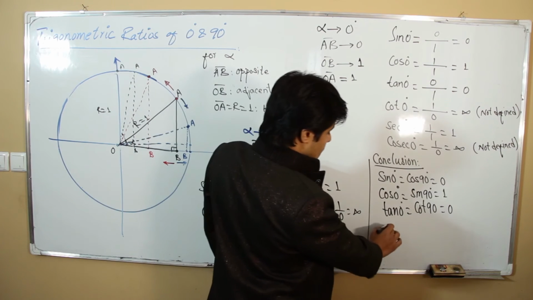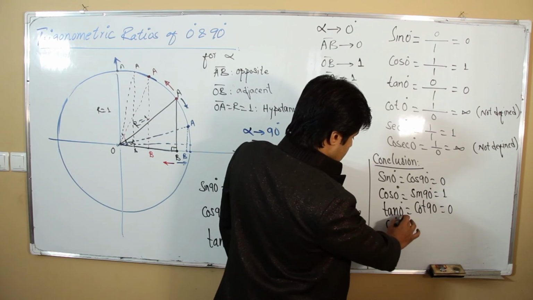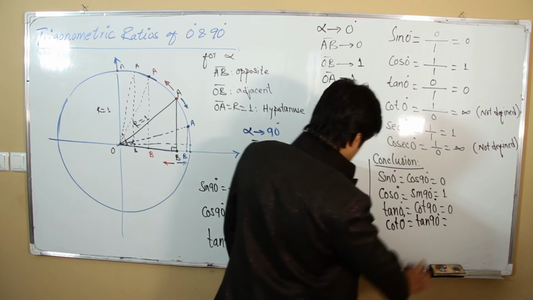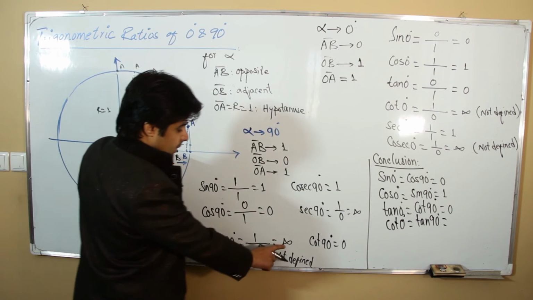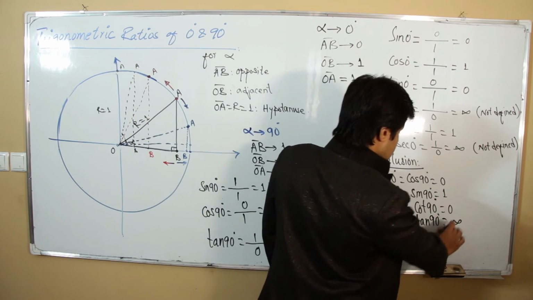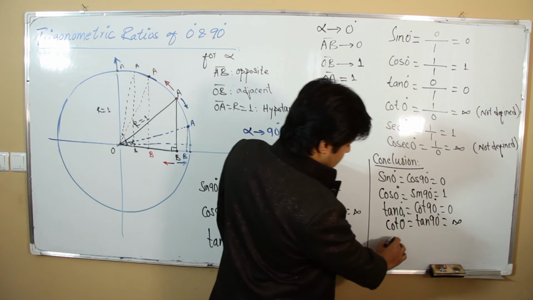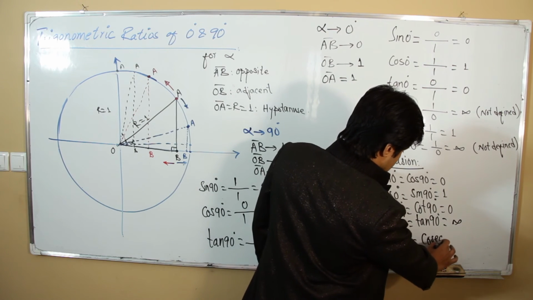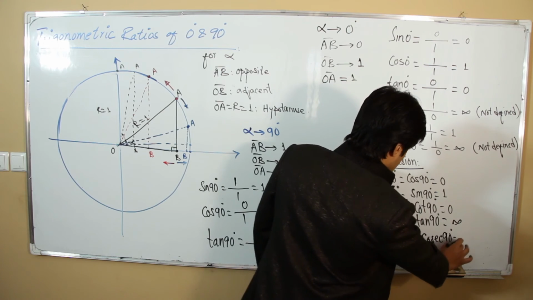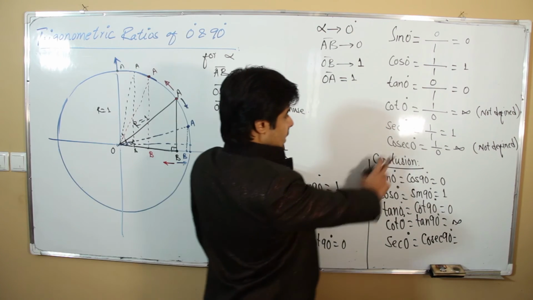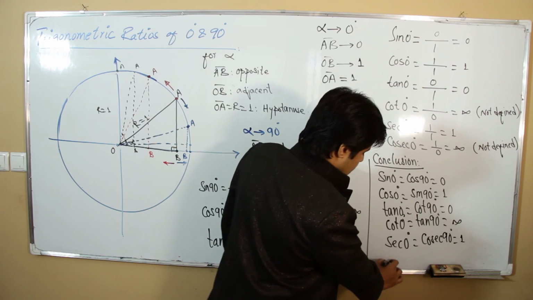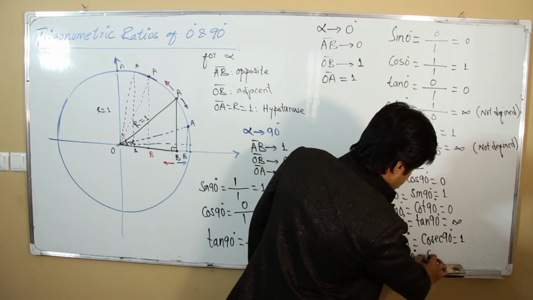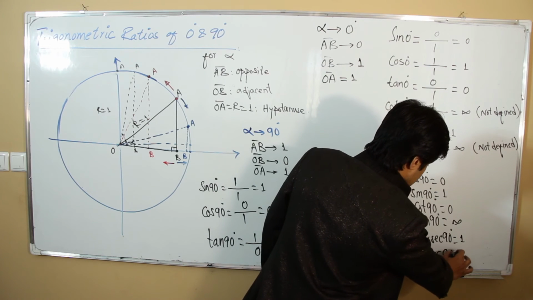Now, cotangent of 0 is equal to tangent of 90 degrees, which is infinity or not defined. Sec of 0 with the cosec of 90: what's cosec of 90? 1. Sec of 0 is also 1. And cosec of 0 is the same as sec of 90.